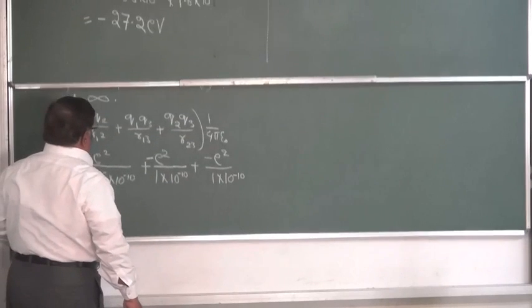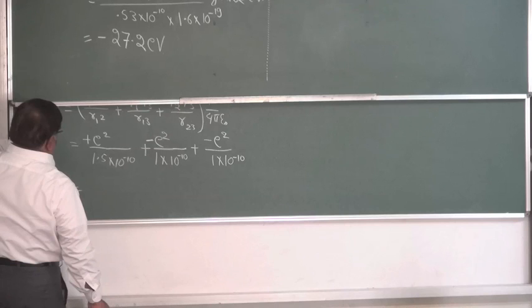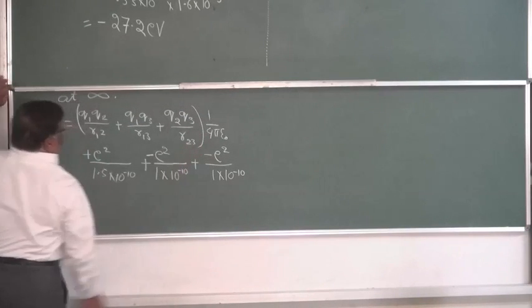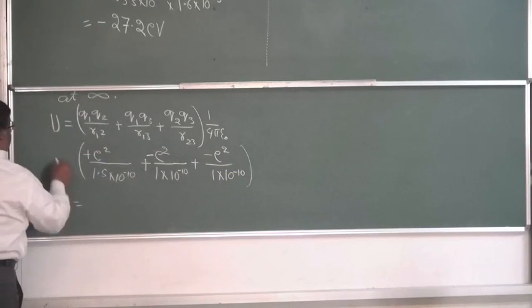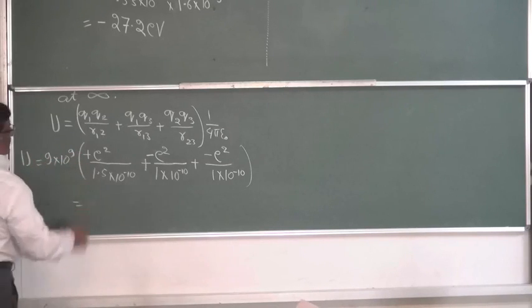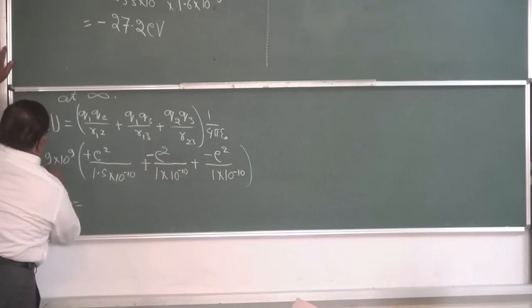Okay, now let us solve it. One upon 4 pi epsilon naught is 9 into 10 to the power 9. Now it has become very easy. What we take out is E square.